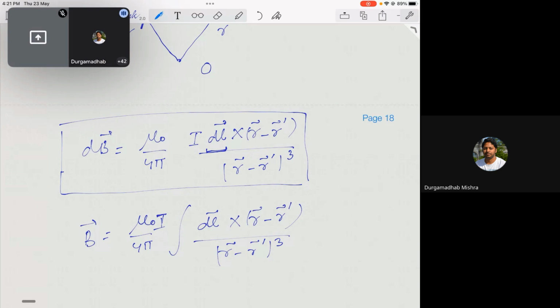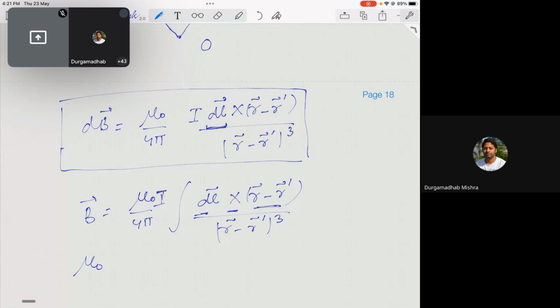One thing you must notice is that we are taking a cross product here: dl crossed with another position vector. You have to be careful, this is important. And this mu naught that we have used is known as the permeability of space.